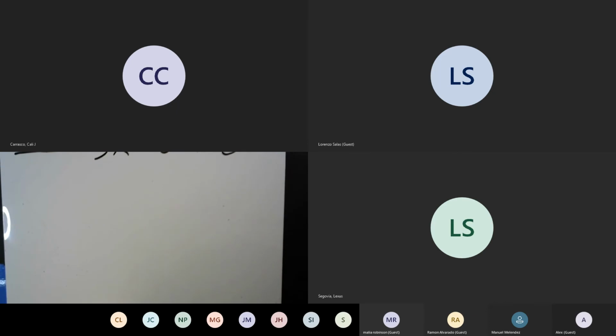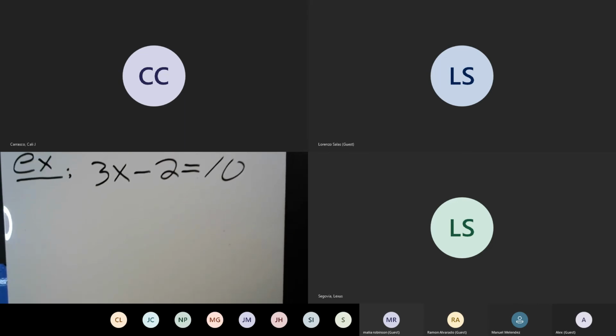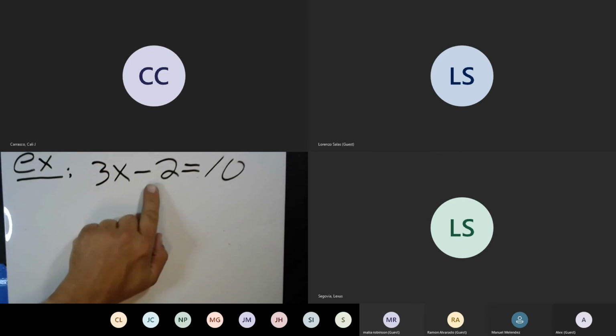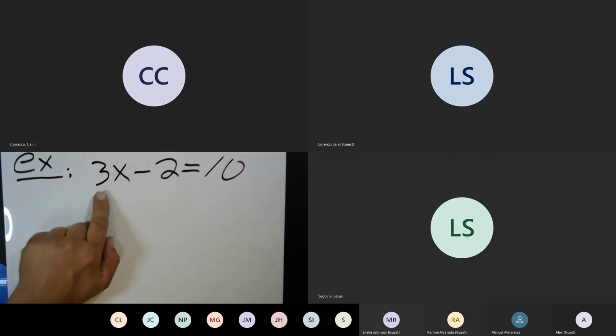So what do we do with this type of equation? I'm just making sure you can see this. Do we try to reverse or cancel the 2 or the 3 first? Which do we try to do first?